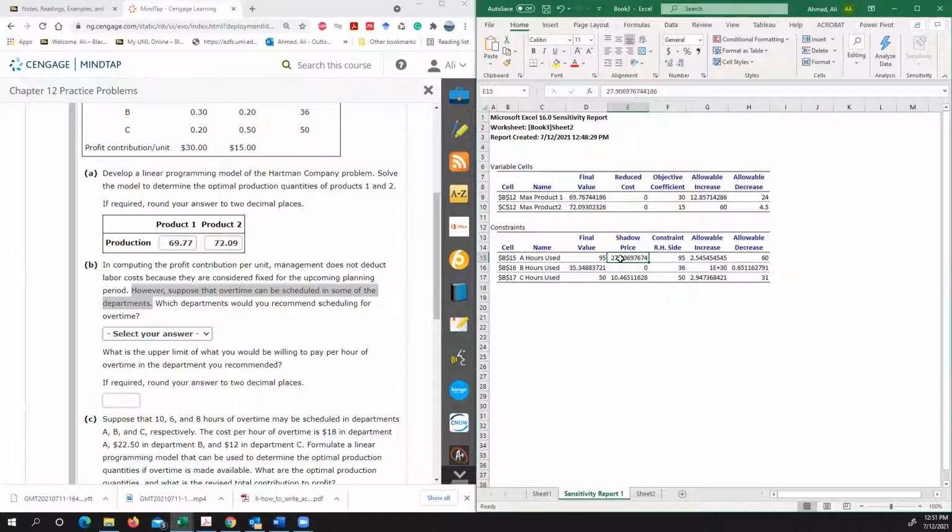So here, the shadow price for department A is 27.9. For department B is 0, and for C, it's 10. So based on the shadow price, we can say that if we add another unit, or if we spend one more hour on producing a unit, we will get $27 of profit.